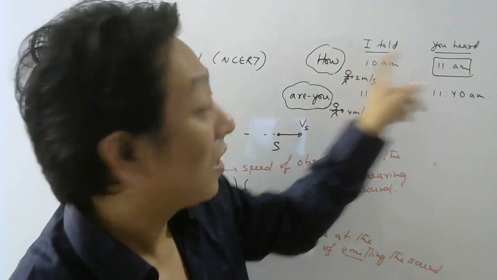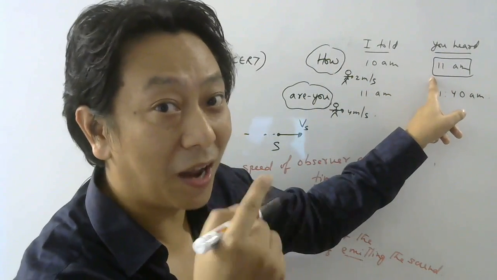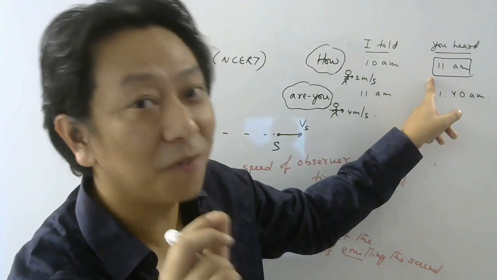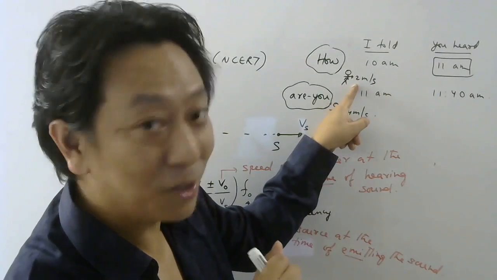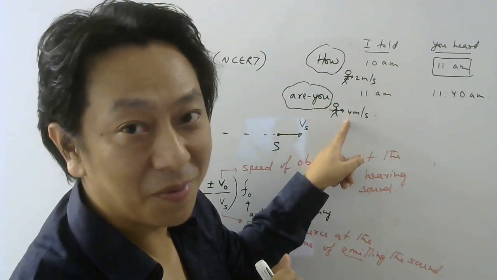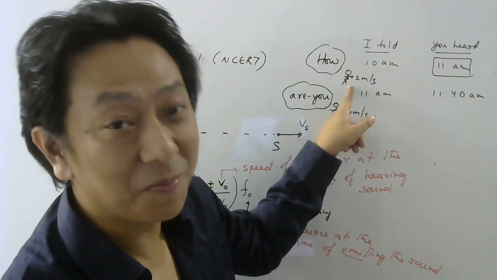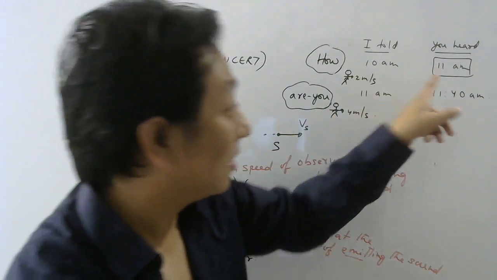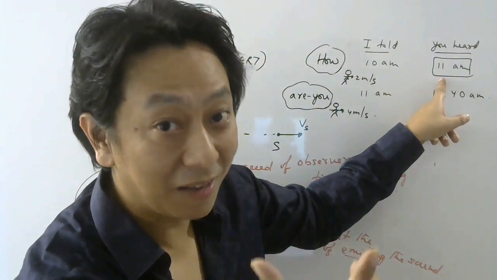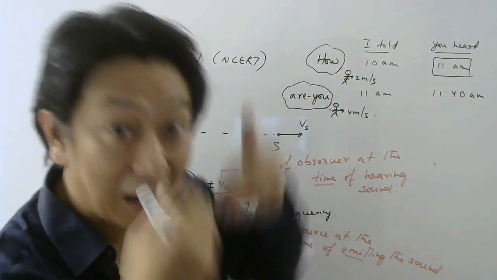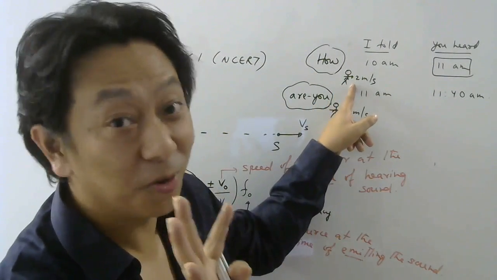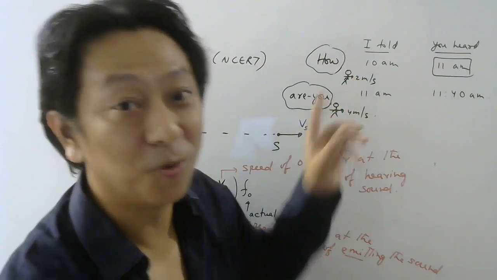Obviously "how", right? And that sound which you heard at 11, the frequency of that sound will depend on which velocity? The velocity 2 meter per second or 4 meter per second? Obviously 2 meter per second, because the sound which you heard at 11 was emitted by me at 10, and that time my velocity was not 4, my velocity was 2, right?